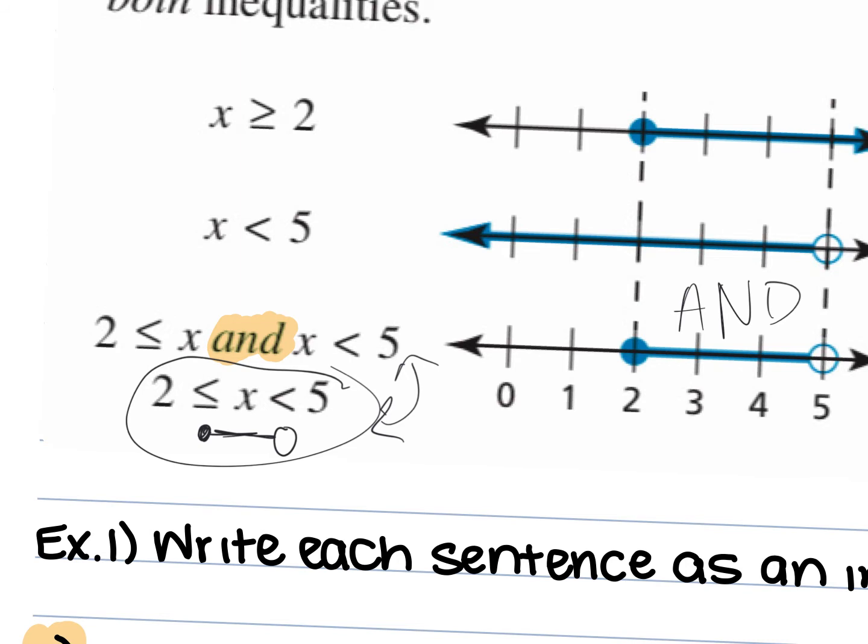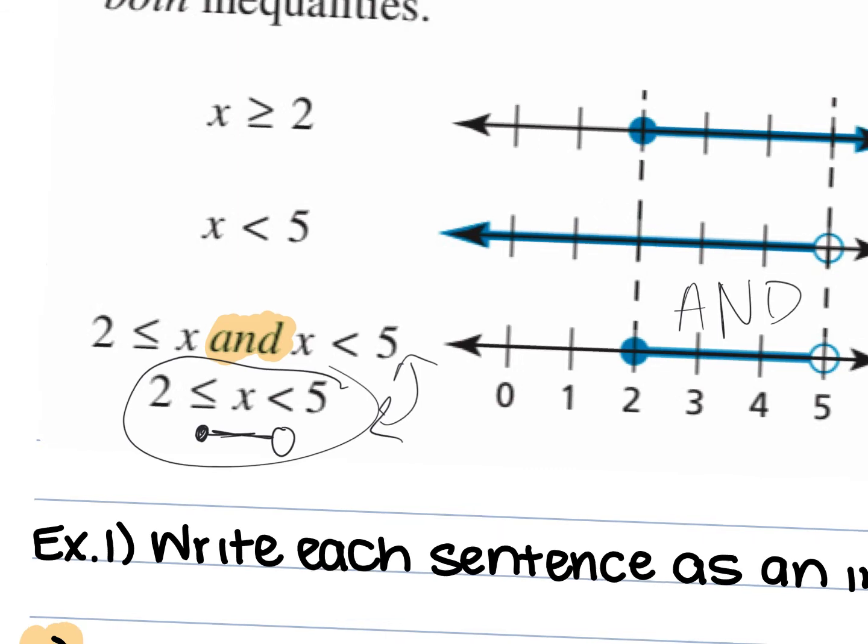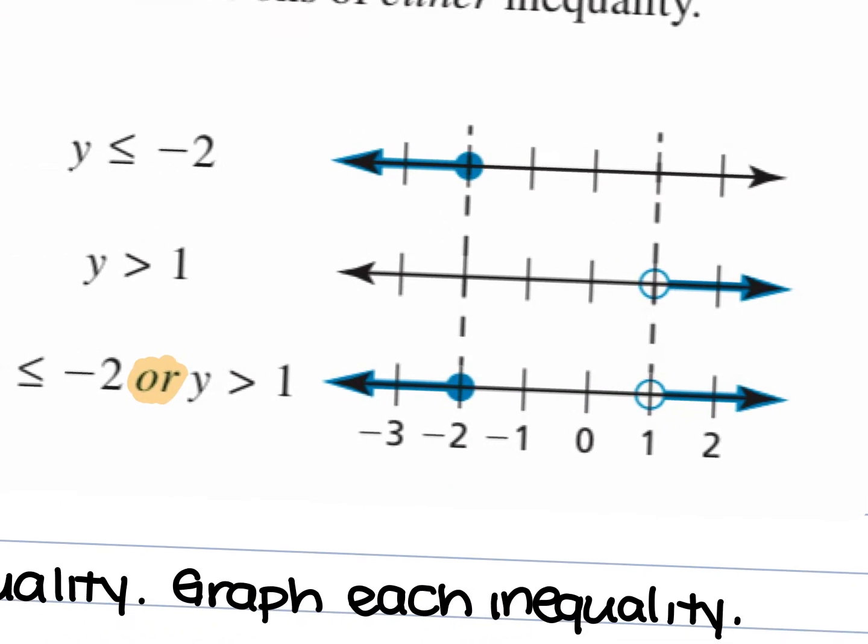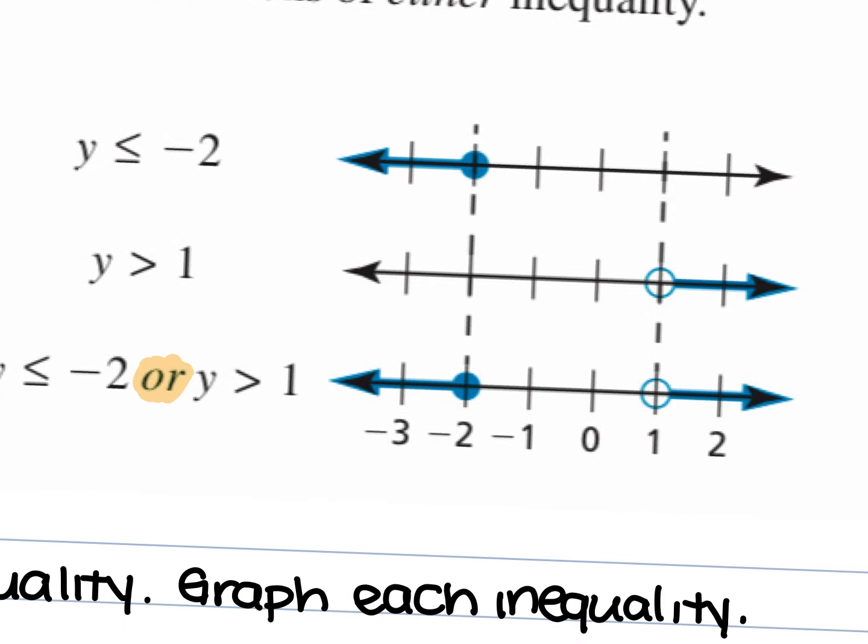But guys, if we're shading in between for and, what do you think happens when we have an or inequality? You shade outside, okay? So for or, they're not going to overlap, right? So you're shading to the left of the region and to the right of the region, but do you shade the middle?